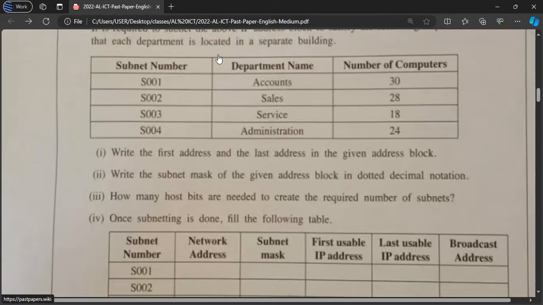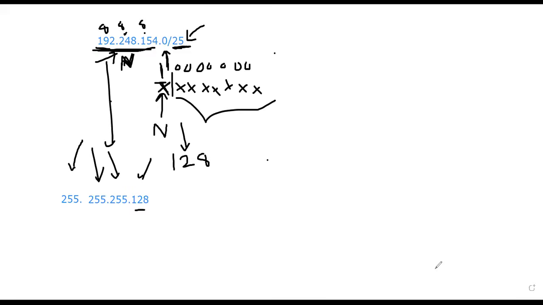When we look into that, we know that in the last part you had 8 bits, and from that 8 bits, this bit is allocated for the net.